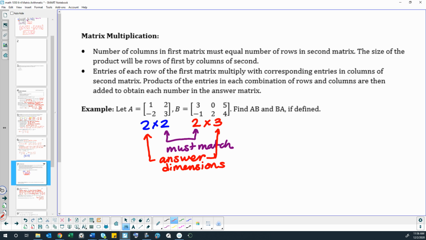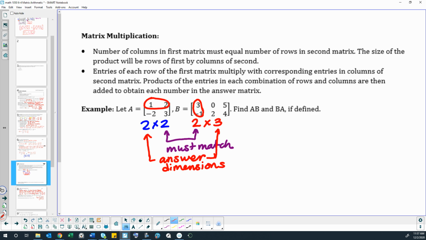The entries of each row of the first matrix multiply with the corresponding entries in columns of the second. Products of the entries in each combination of rows and columns are then added to obtain each number in the answer, the product. So we're taking rows in our first matrix and multiplying them times columns in our second matrix.